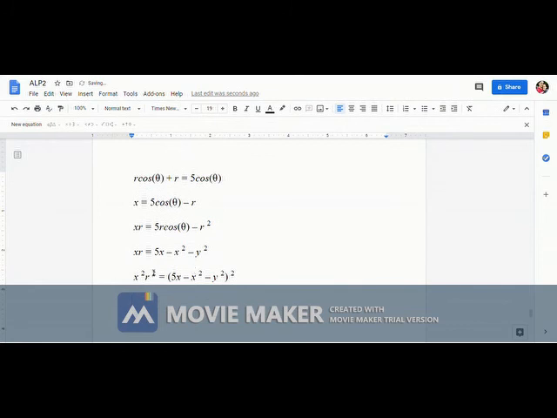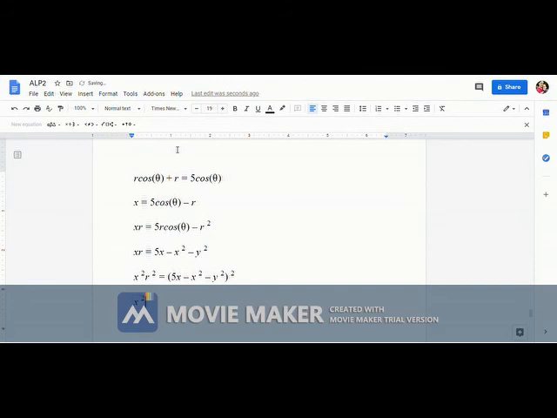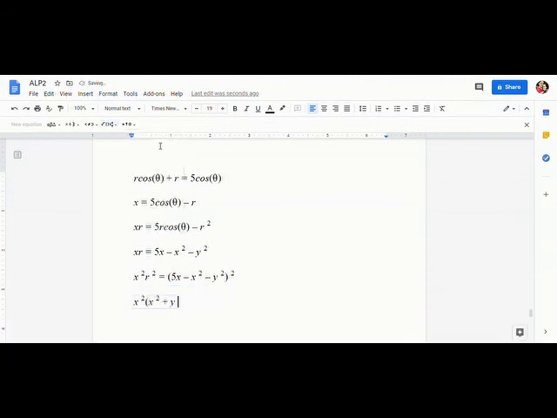And now we have r squared on this side of the equation, so we'll finally be able to convert it into all terms of x and y. So x squared times x squared plus y squared equals, and we'll just copy and paste this because we didn't change this side at all because it's already written in terms of x and y.